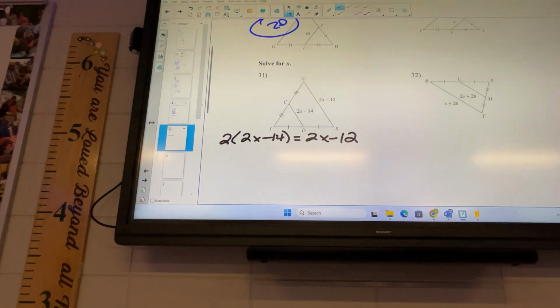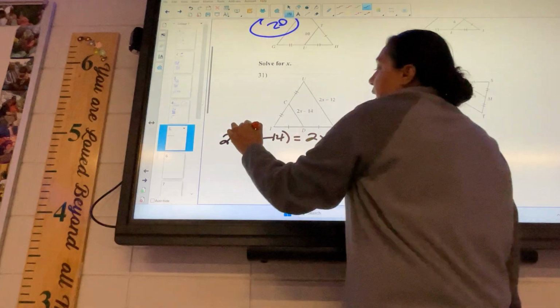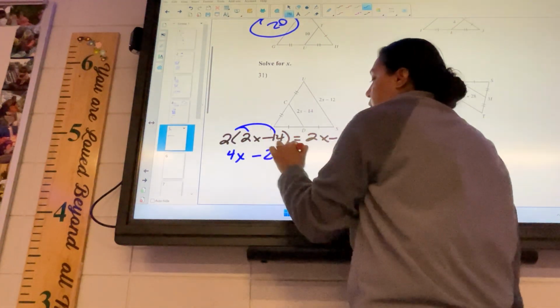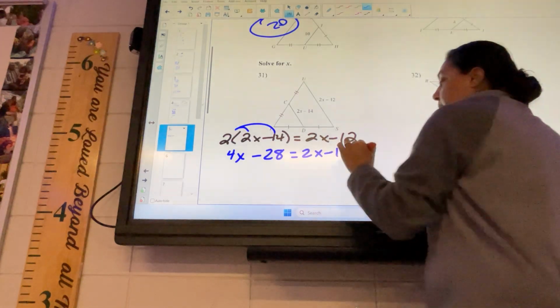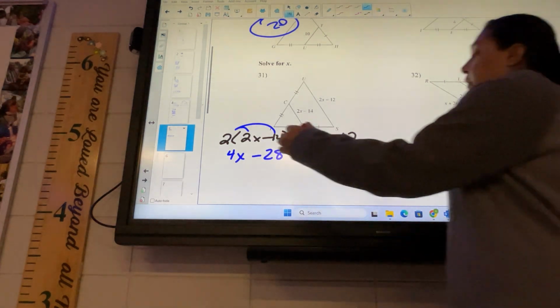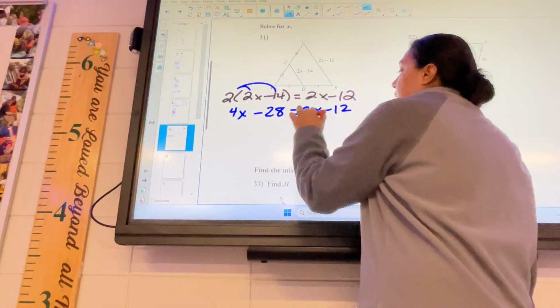Okay, so we're gonna go ahead and distribute 2 times 2x. It's gonna be 4x. 2 times 14 is 28. Here's the 2x. Okay, we're gonna move our letters to the left and the numbers to the right. Who's getting moved? The 2x and the 28.